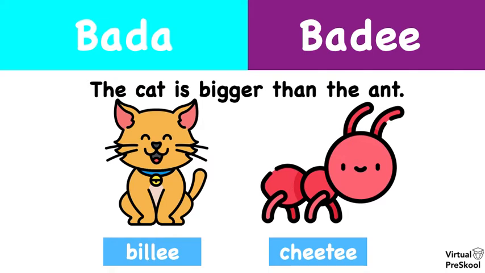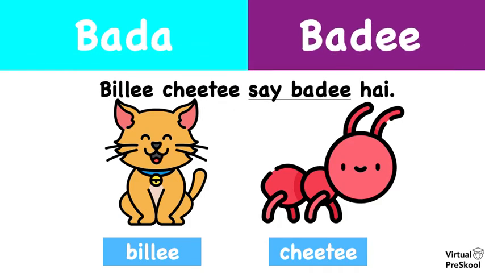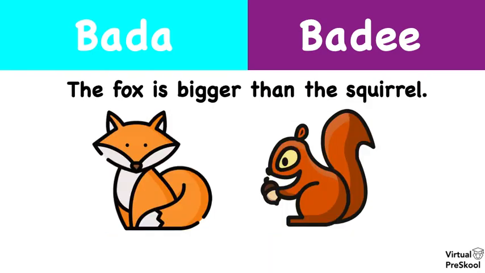So would we use bada or badi? We would use badi, right? So put the sentence together. The cat is bigger than the ant. All right, let's see if you got it right. बिल्ली चींटी से बड़ी है.